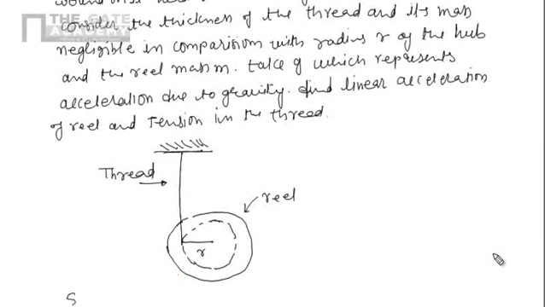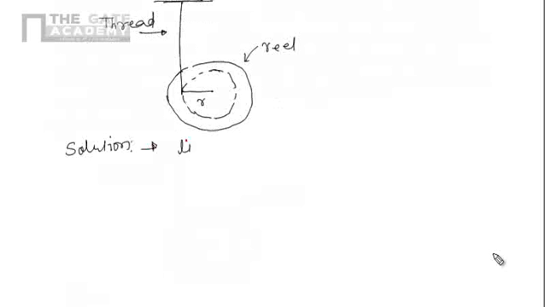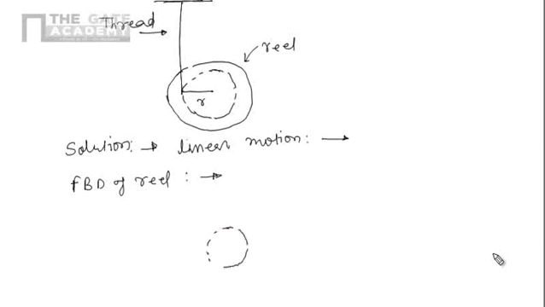So first, for this solution, consider the linear motion. For linear motion, let's draw the free body diagram of the reel.